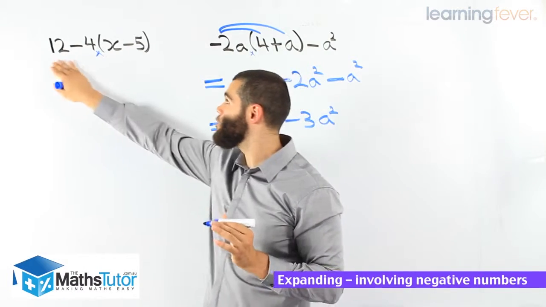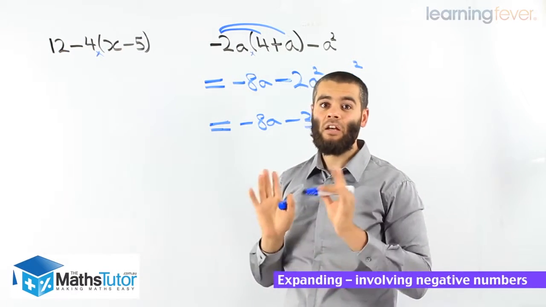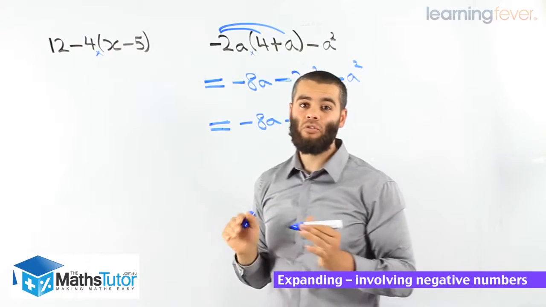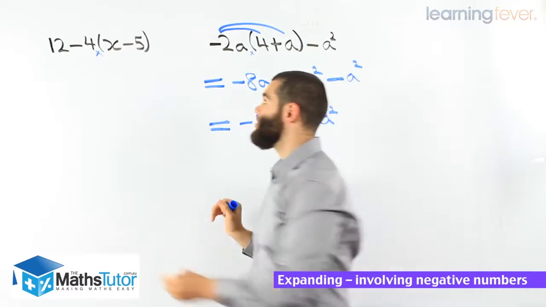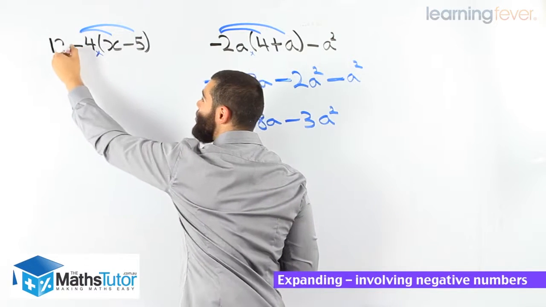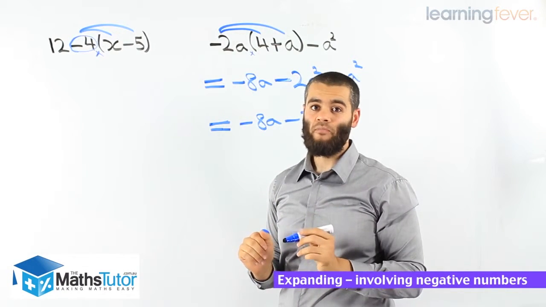I've seen students where they go 12 take away 4, they get 8, and then they times everything in the bracket. No, you have to expand, do the multiplication first, then do addition and subtraction. So here, we have negative 4. It's not 4, it's negative 4.